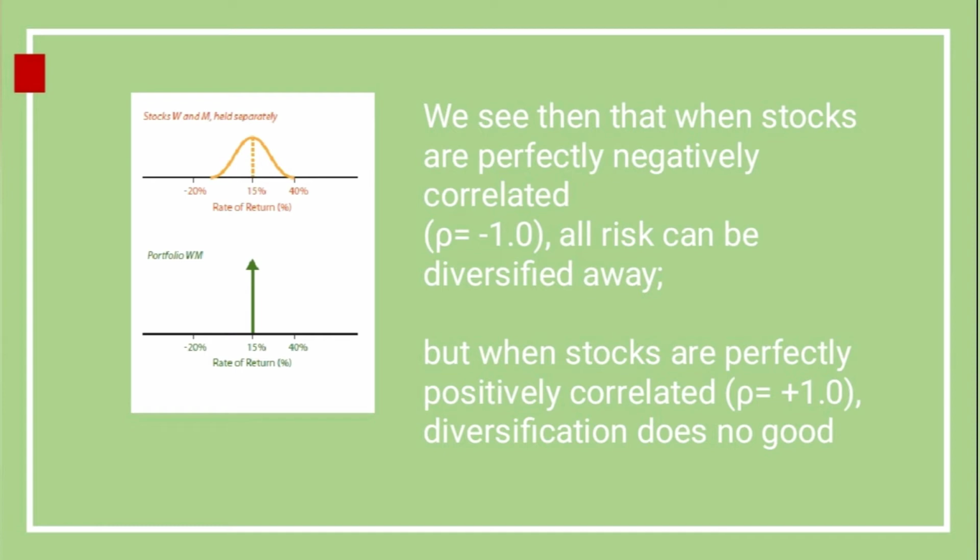And in the upper graph, when stocks are perfectly positively correlated, diversification does no good. In reality, most stocks are positively correlated but not perfectly so. Past studies have estimated that on average, the correlation coefficient between the returns of two randomly selected stocks is about 0.30. Under this condition, combining stocks into portfolios reduces risk but does not completely eliminate it.